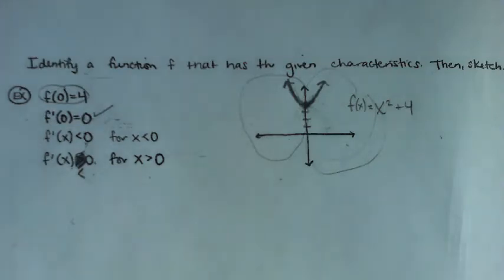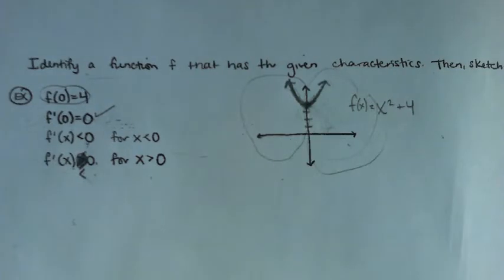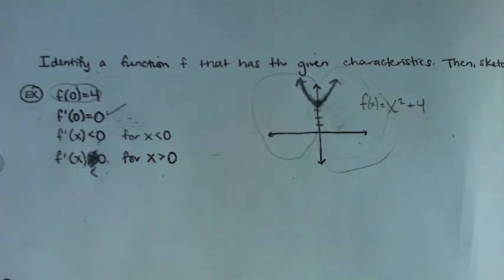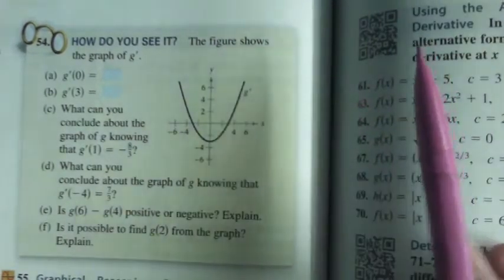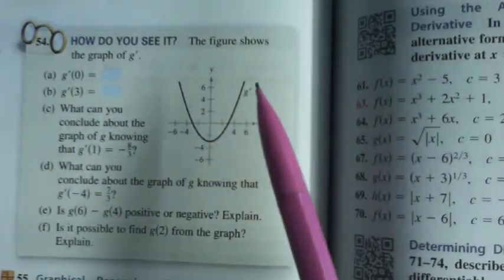Okay, I didn't write down this next example. I just wrote down that I wanted to go to page 132, number 54. So, what did I like about this one? All right. So, this shape is giving us the graph of the derivative.